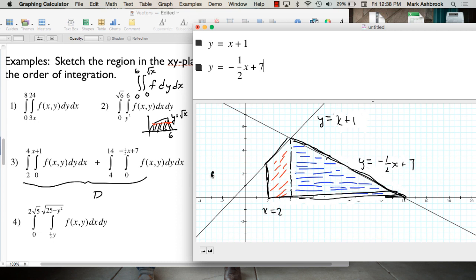Because now we're going to do dx first, and there's 2 parts to the left side, which means we have to split this up. For the y values down here, the left side is 2, and for this part over here, the left side is what? So this is also x equals y minus 1. And this is also x equals negative 2 times y minus 7. Is that right?